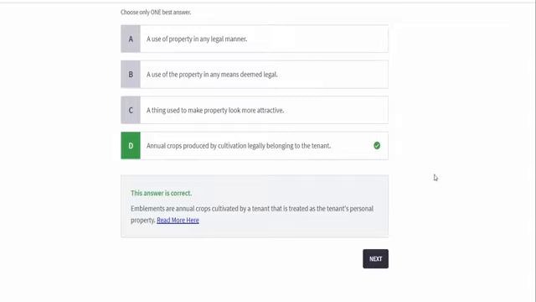So emblements are annual crops cultivated by a tenant that are treated as the tenant's personal property. That's that last part that I couldn't figure out. It is the tenant's personal property. We'll probably discuss this later on, but when you think of personal property, remember it's those physical things that you could pick up and take with you. It's not real property, not things like the house itself.